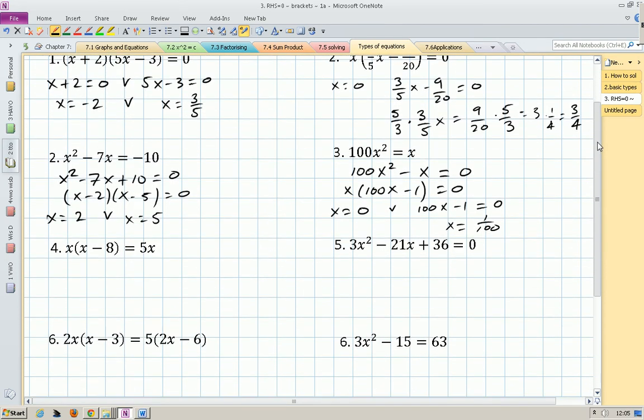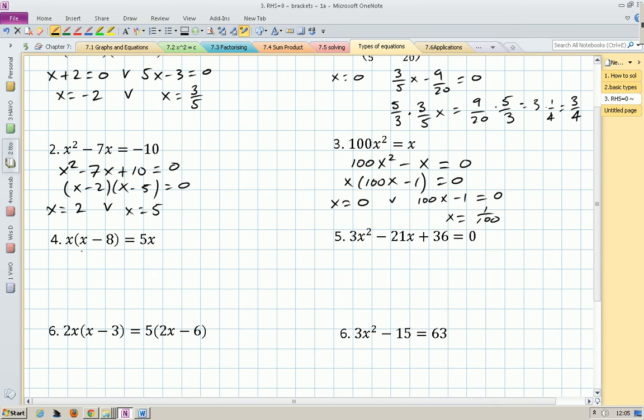Gone brackets, right-hand side equals 0, and then get rid of a coefficient in front of the x squared. So x squared minus 8x is equal to 5x. Subtracting the 5x from both sides will give me x squared minus 13x is equal to 0. Then factoring, so this is now a type 2 equation. Factoring out the x will give me x times x minus 13 equals 0. And finally, x equals 0 or x equals 13.